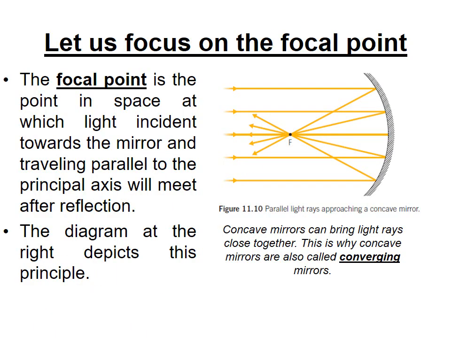Before we go into drawing ray diagrams for curved mirrors, we need to just focus a little bit more on the focal point. So here we have our concave mirror again, and notice we have the lines at the back to illustrate the back of the mirror, and then our concave mirror focuses inwards.